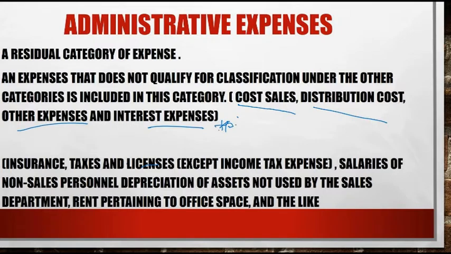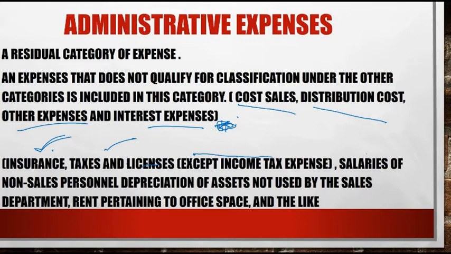So, ang kasama dito sa gastos ng admin is si insurance. Ang ini-insured ko ay yung mga gamit sa factory. Pero ang gumagawa nun is si admin. Di ba lahat ng papers nun? Si admin. Tax and license. Trabaho ni admin. Except income tax expense.